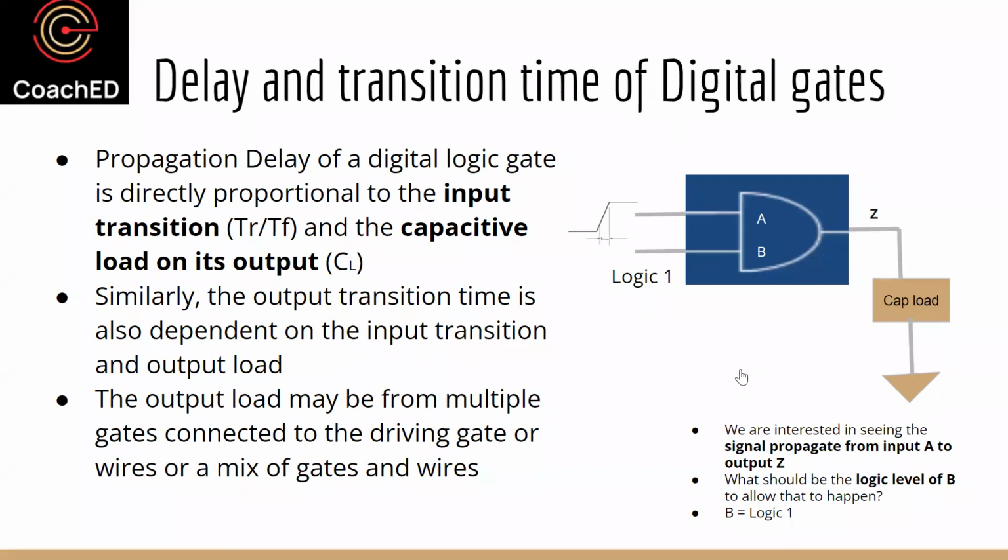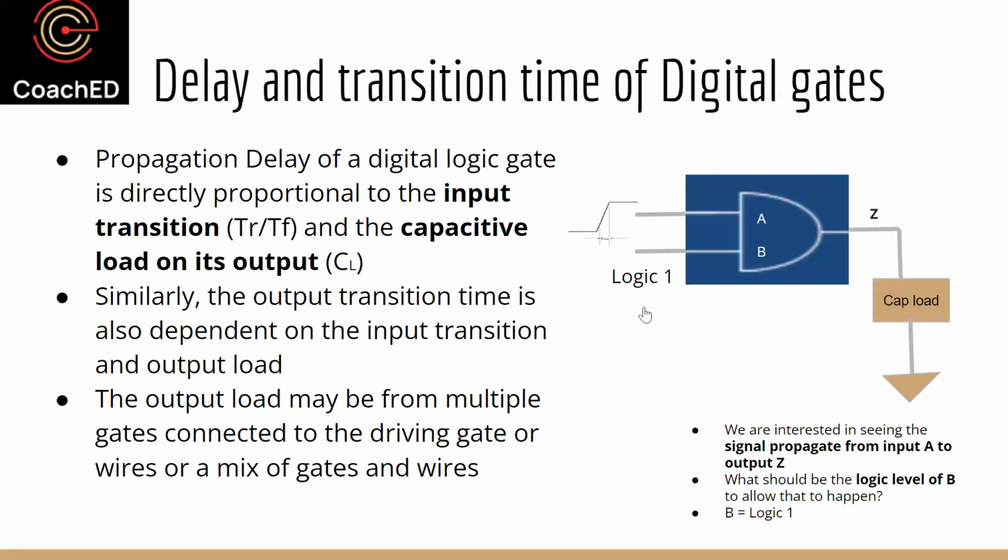So when we are characterizing a specific input to output relationship, let's say I want to see the effect of A pin's input transition on the output, that requires the other pin to be set at an appropriate level. If it's an AND gate, obviously it's going to be logic 1. If it was an OR gate, this should have been a 0. And if it's some other complex gate, we have to set appropriate levels.